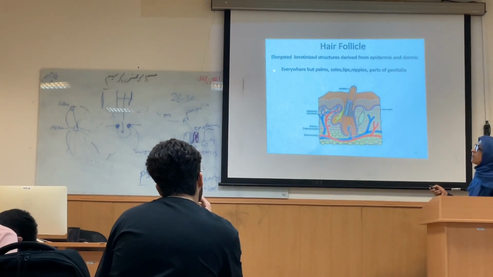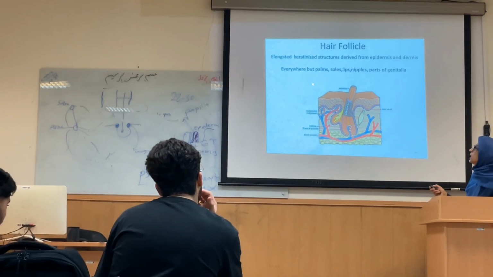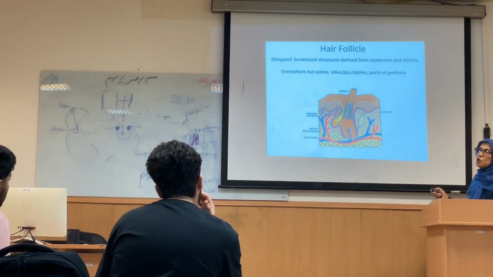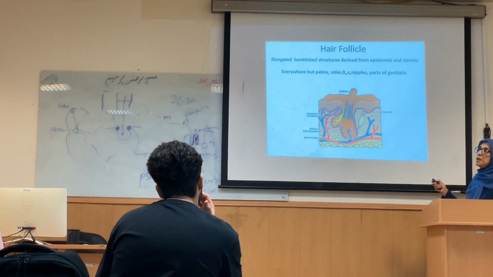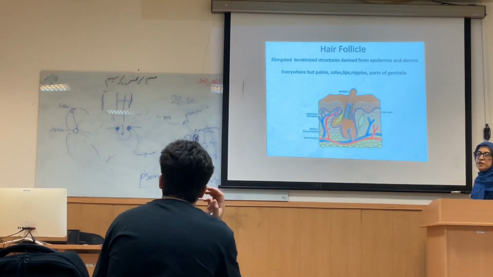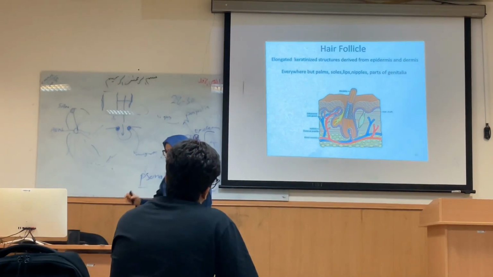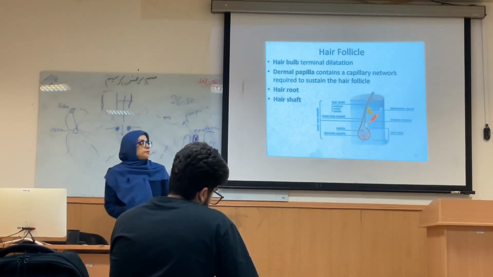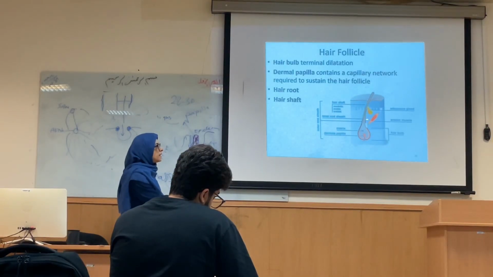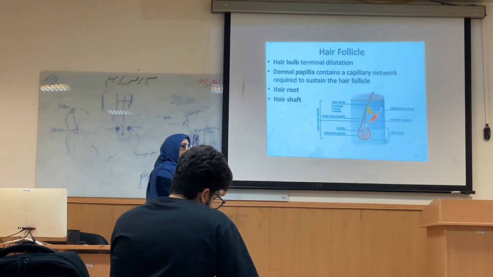They are everywhere except the palms, soles, lips, nipples, and some parts of the external genital tract. The hair follicle has 2 parts. One is an expanded part that is in the dermis.